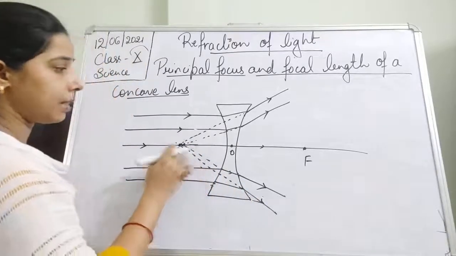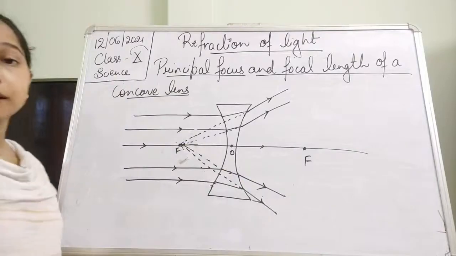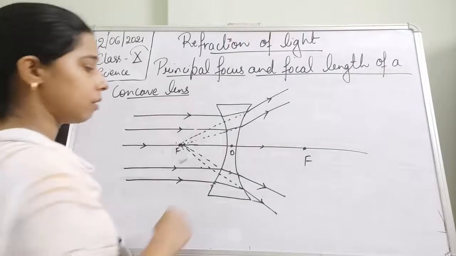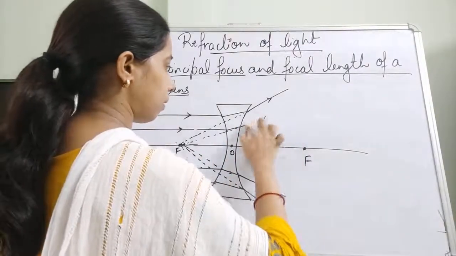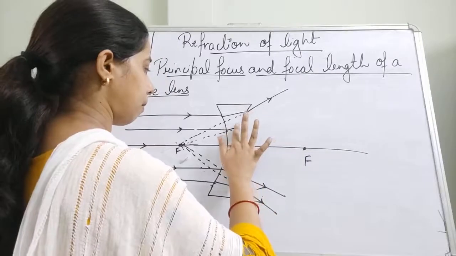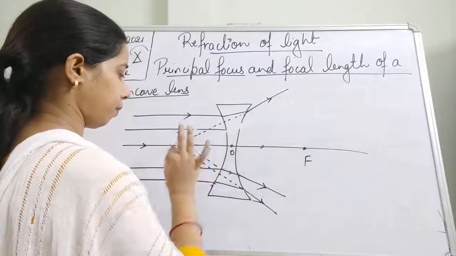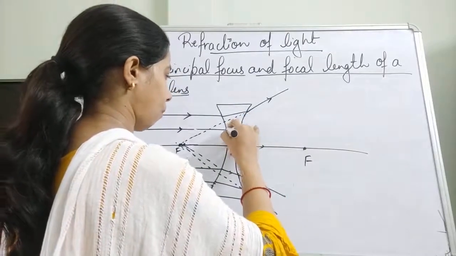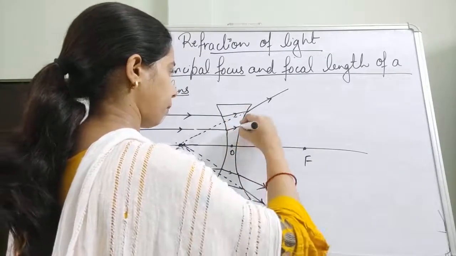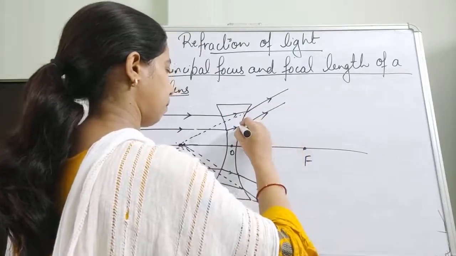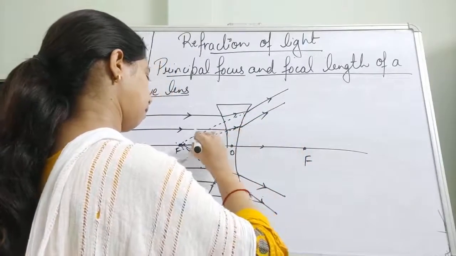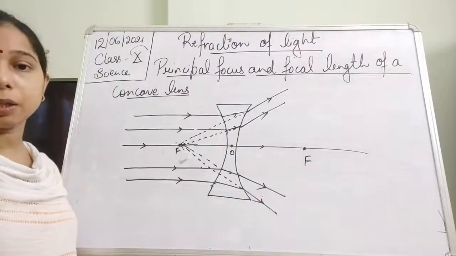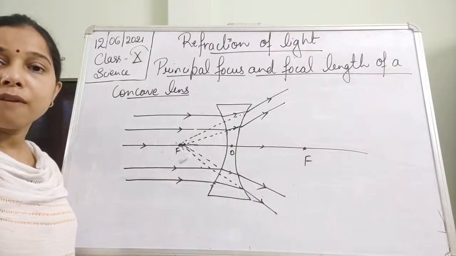All of them meet at a point, and that point where they meet, students, is called the focus. So all of them meet, or they appear to meet, at a point, and that is called the focus.